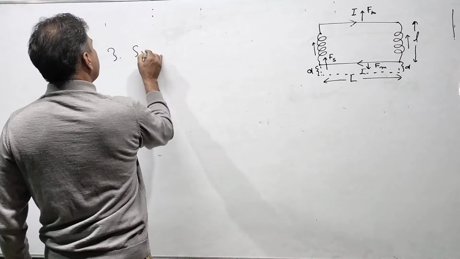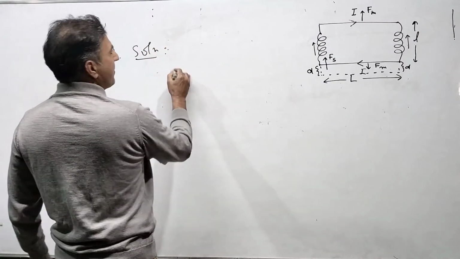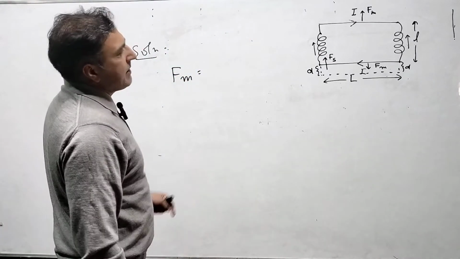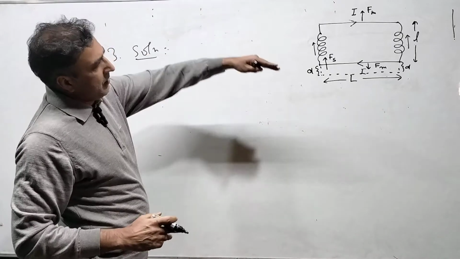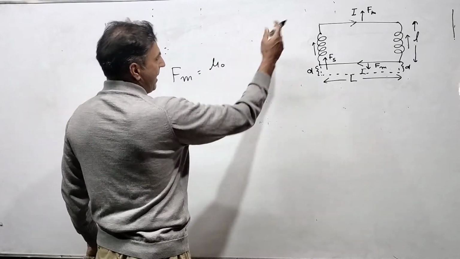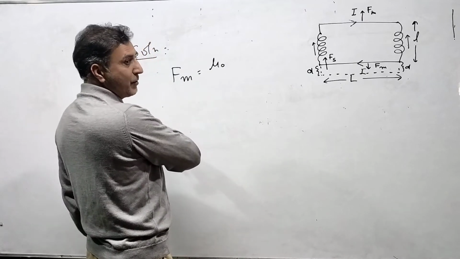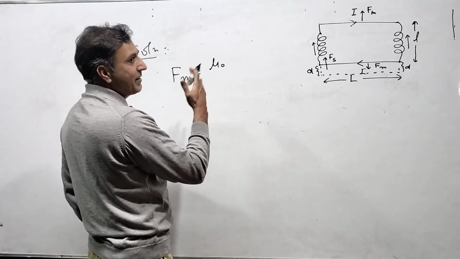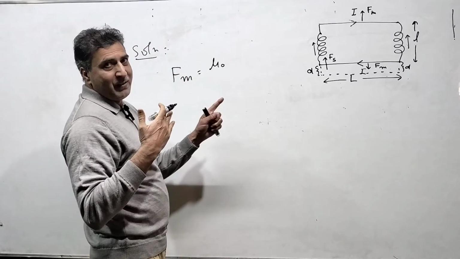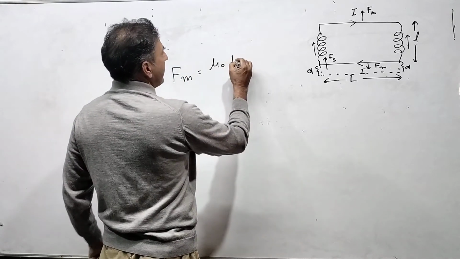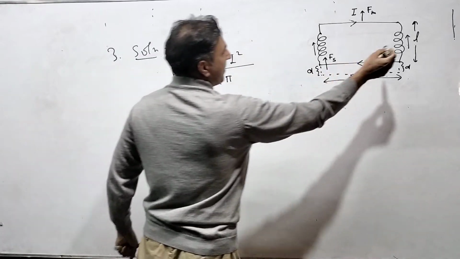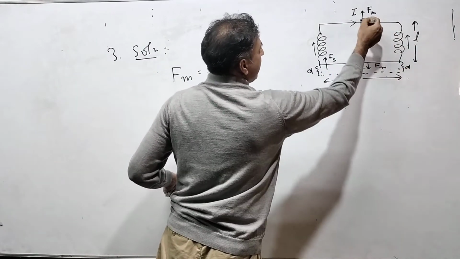Third, the solution. What is Fm? Fm, the force between the two current carrying conductors, upper one and lower one, will be mu 0 I1 I2. That was I1 I2 there because there were two conductors carrying different currents, but now it's the same current flowing through both the conductors. So it's I square by 2 times pi. What's the distance now between the two current carrying conductors?